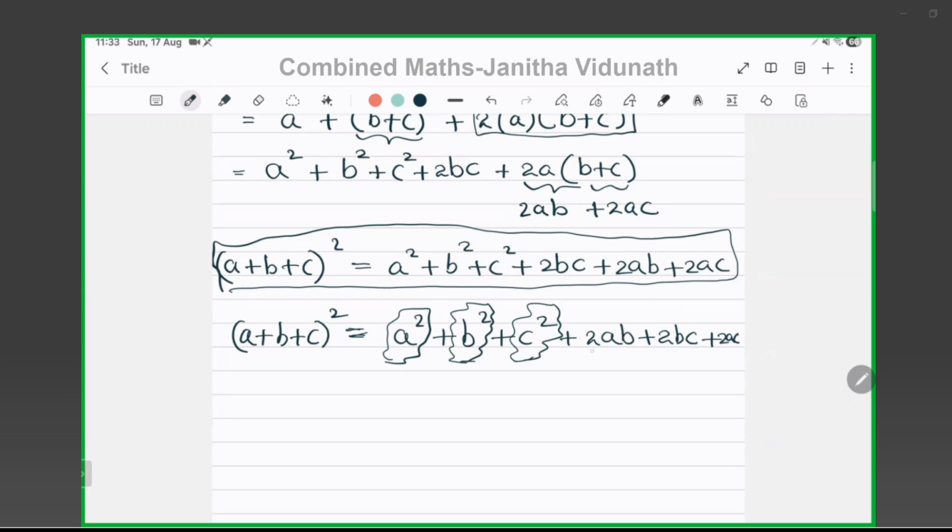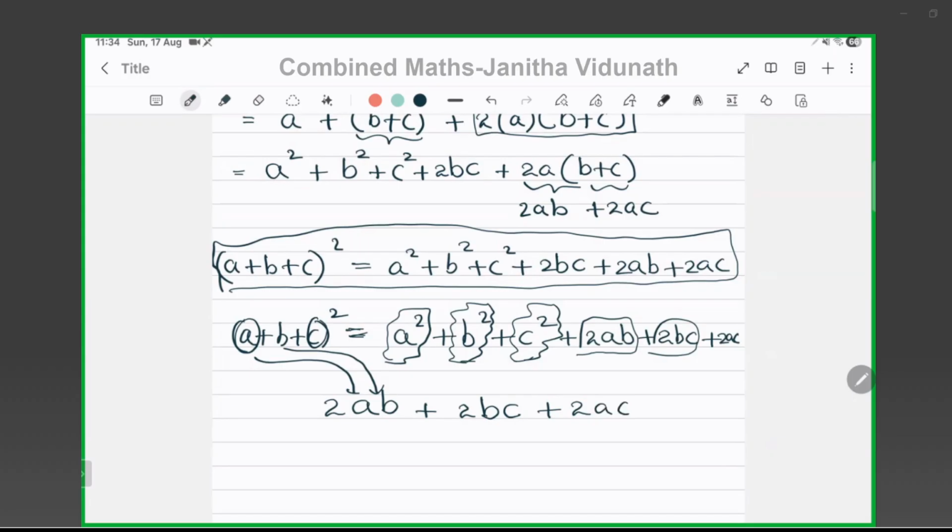Then we have 2 times first term and the second term, where a is the first term, b is the second term, then 2 times second term and the third term, and finally 2 times first term and the last term.